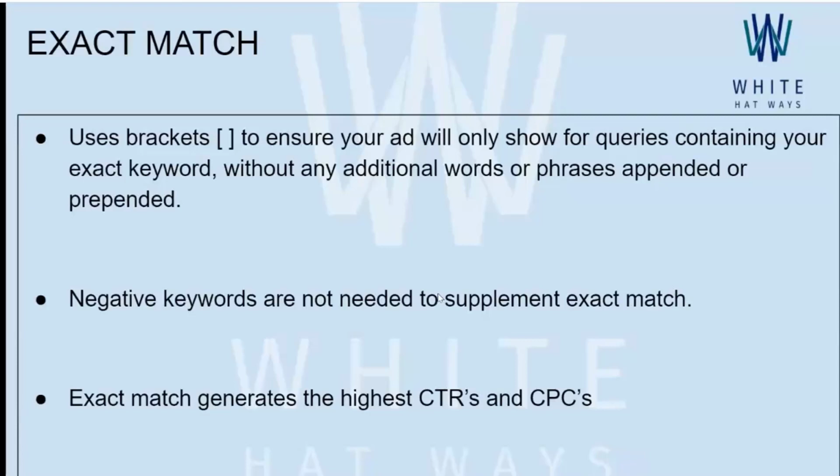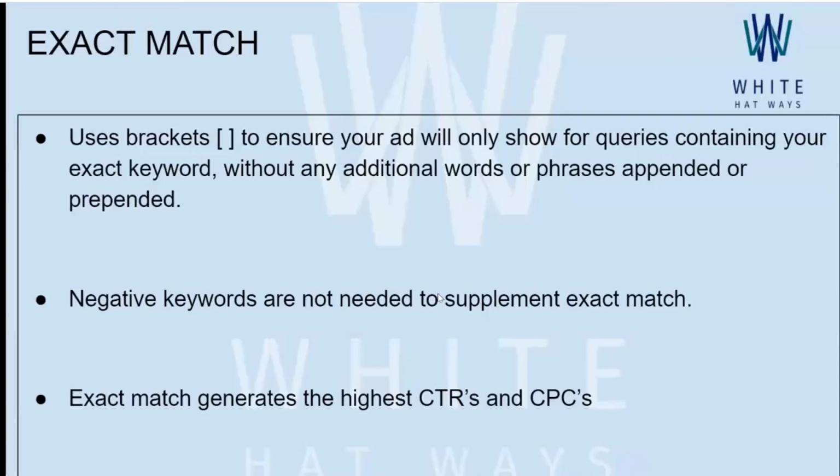The third point is that exact match generates a lot of CTR. Obviously, it will generate a lot of CTR for all the good reasons: the queries are exactly matching the keyword. Somebody is searching for exactly what you have set as a keyword, and the ad with respect to that keyword would have those keywords instilled within its headlines and descriptions.